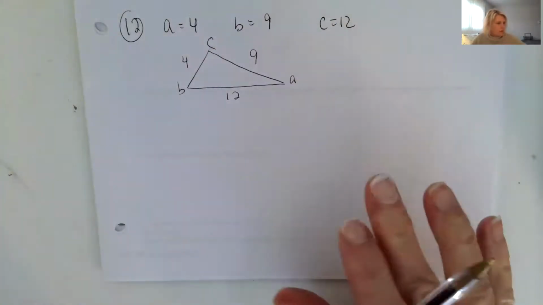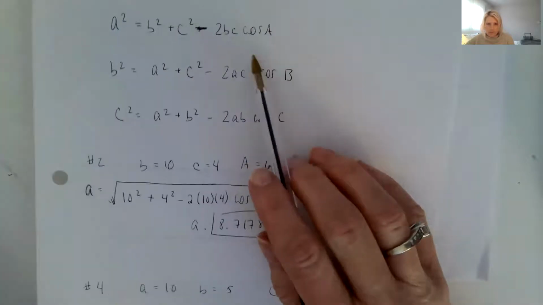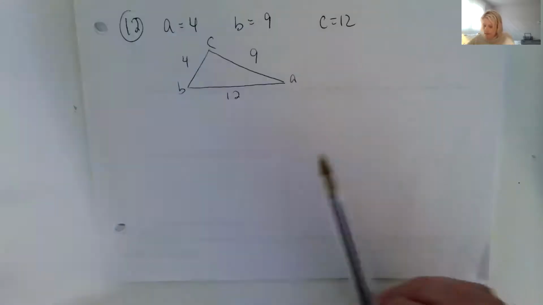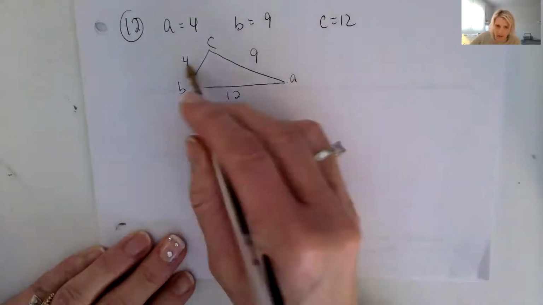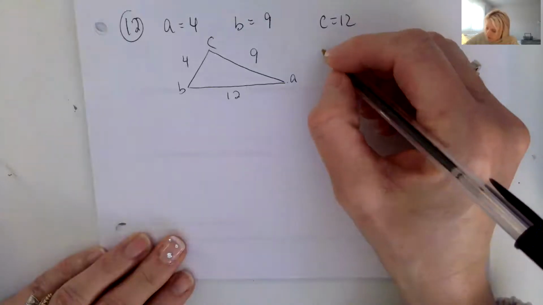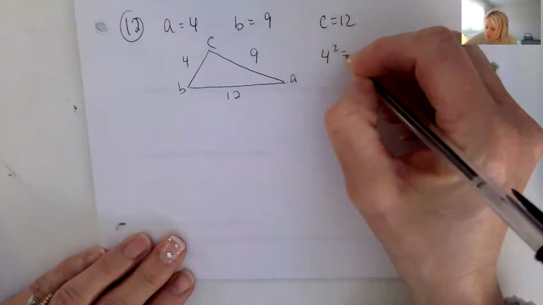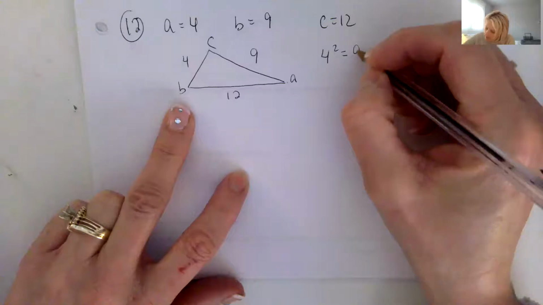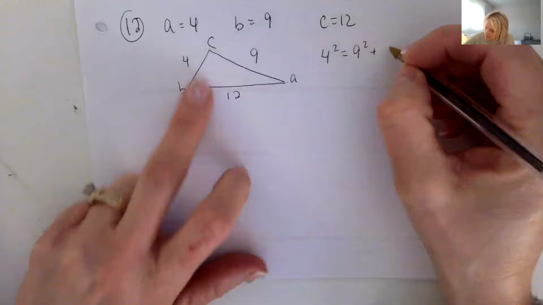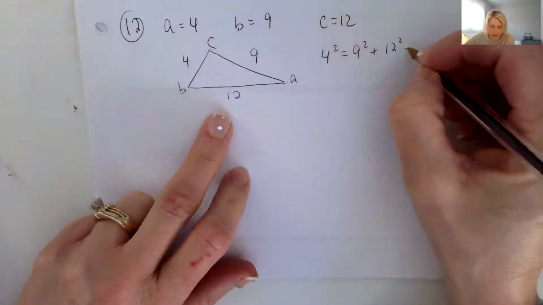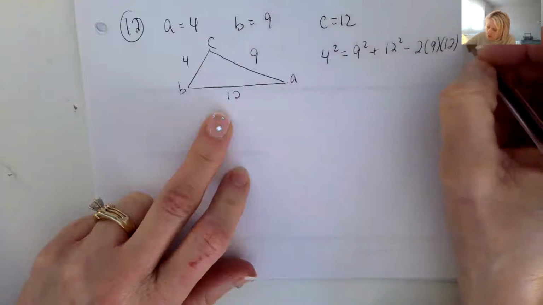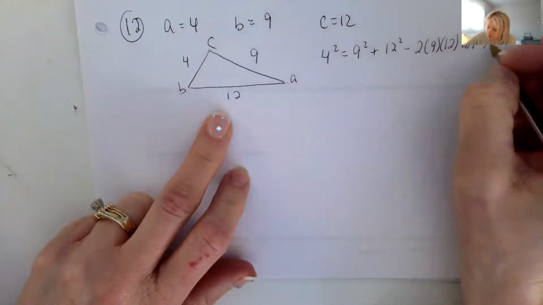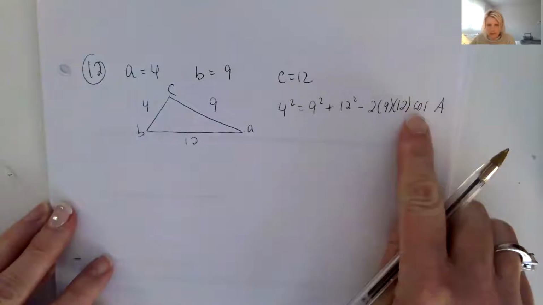And then we're going to use our formula to solve for one of them first. So let's just solve for cosine of A. So A squared, so 4 squared, is equal to B squared plus C squared minus 2 times B times C times the cosine of A. And that's what's missing.